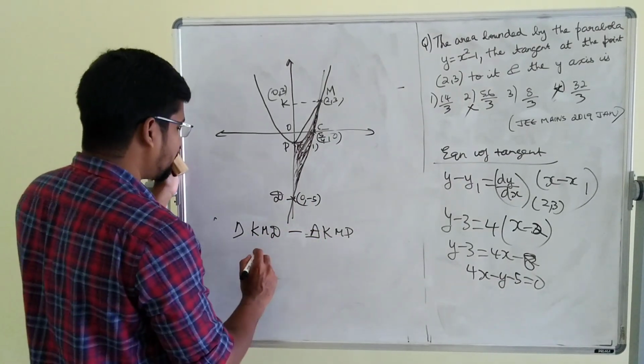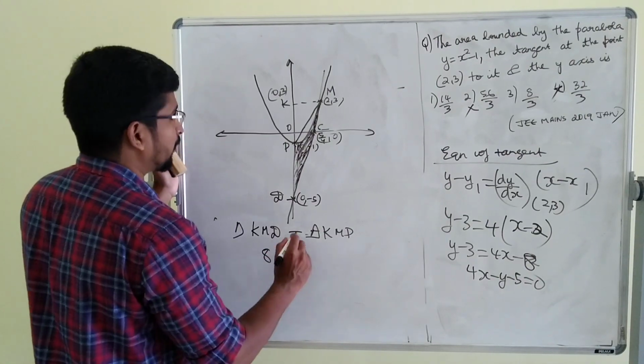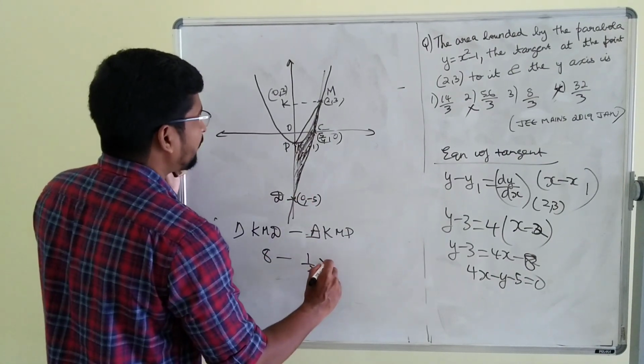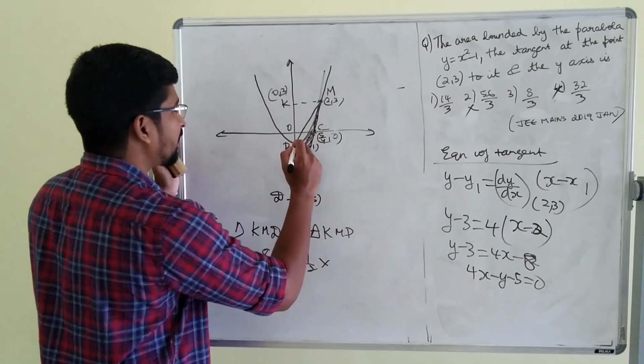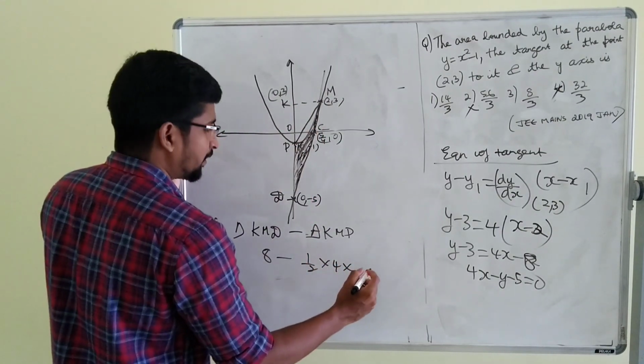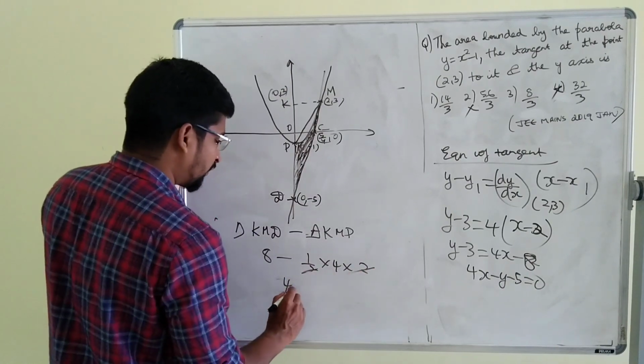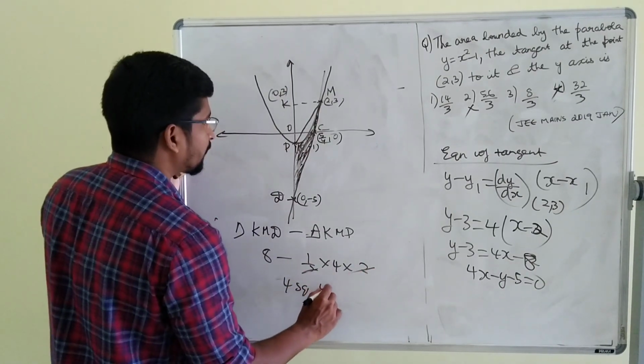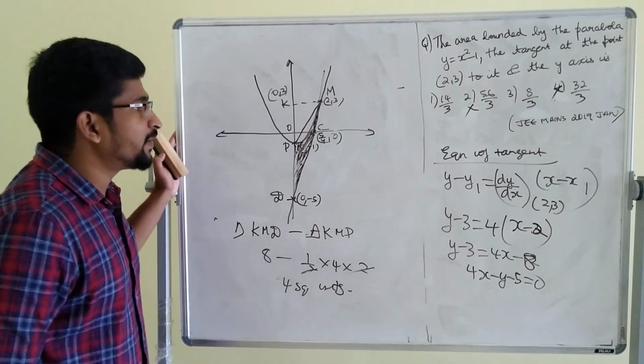Triangle KMD's area was 8 square units. KMP's area will be half into base. The base will be this much distance. This distance will be 4 units, into height, which will be again 2 units itself. So 4 square units. So this is 4 square units.